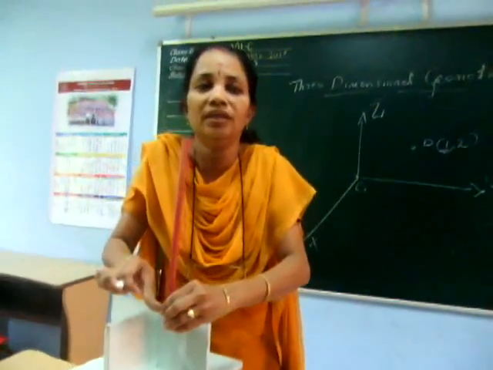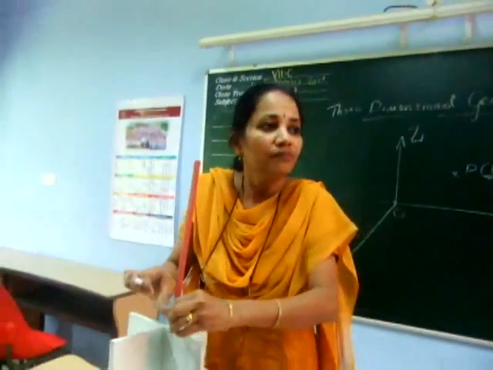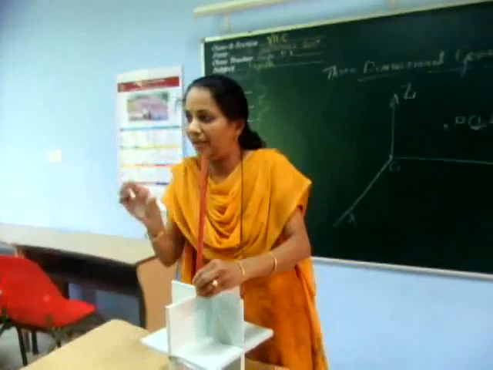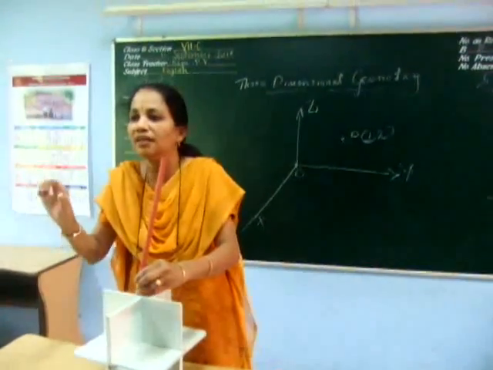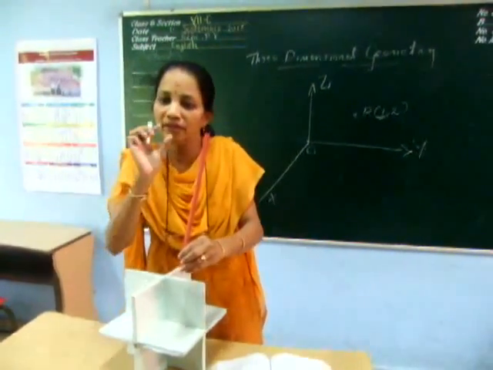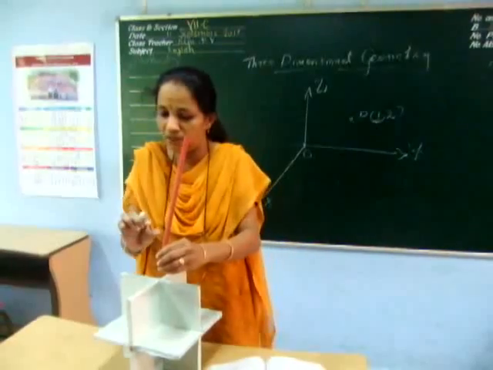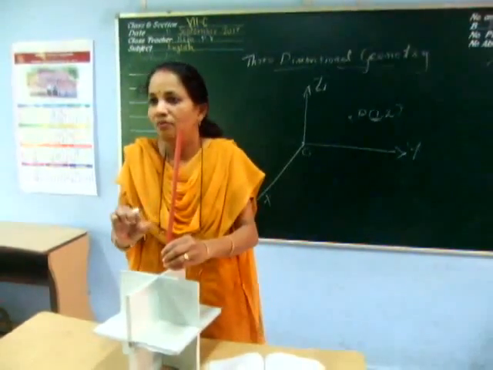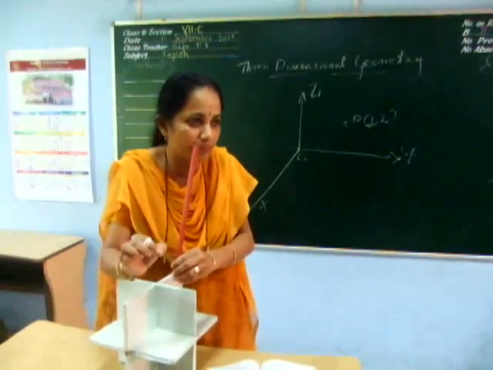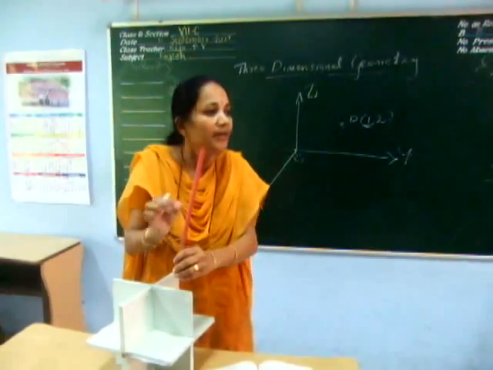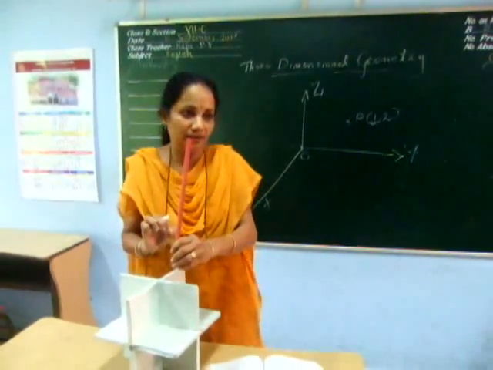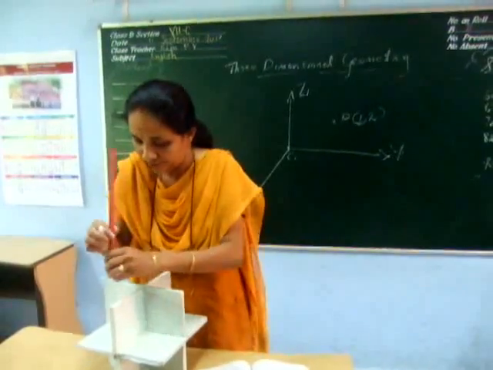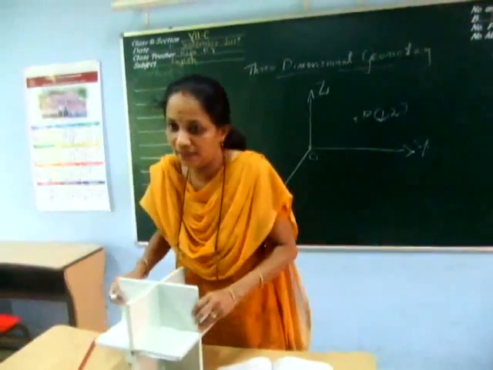So this triplet, which has 3 numbers inside a bracket, gives the x-coordinate, y-coordinate and z-coordinate. Actually, the x-coordinate is the distance of the point from the yz plane. The y-coordinate is the perpendicular distance of the point from the xz plane. Similarly, the z-coordinate. These things we have seen last year.